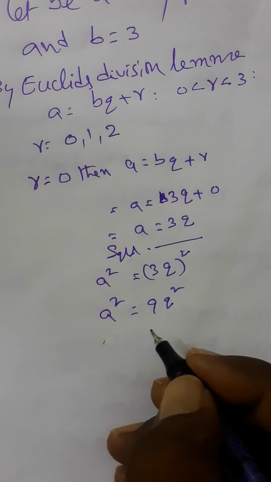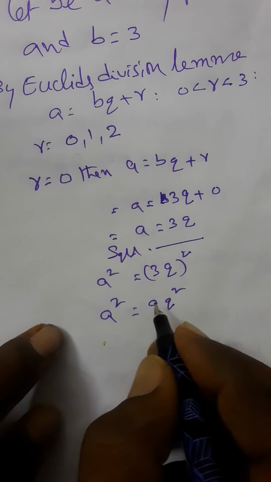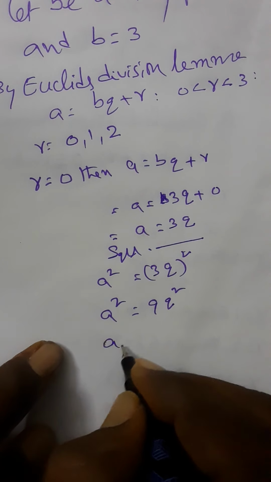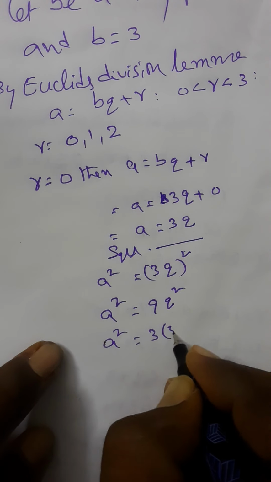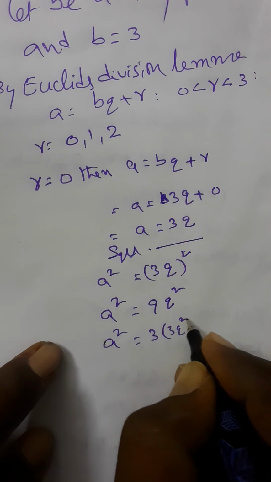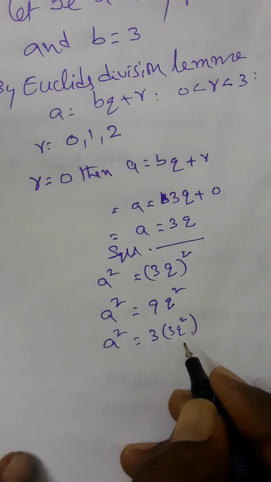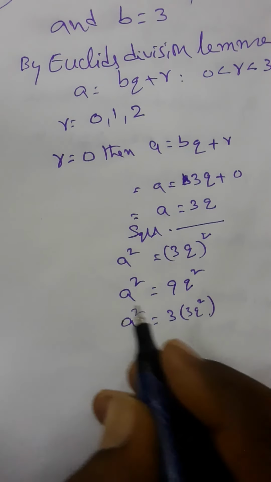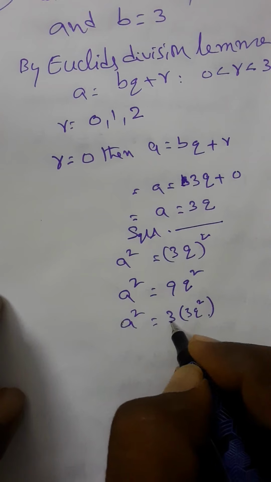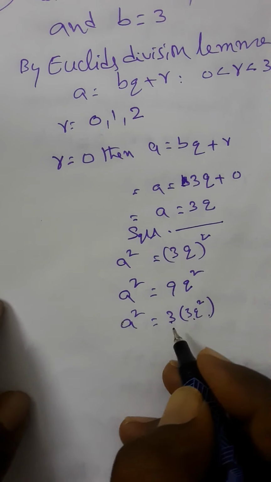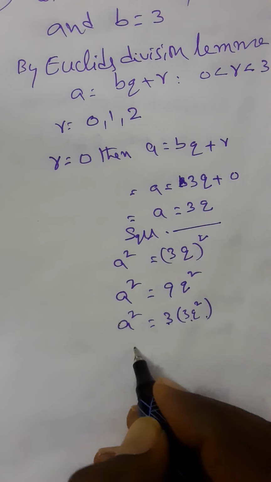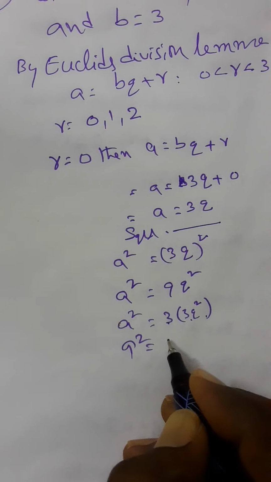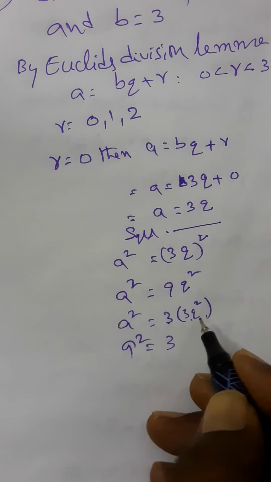I am taking 3 common here. A squared equals 3 into 3q squared.